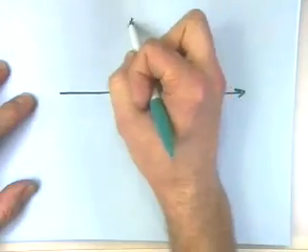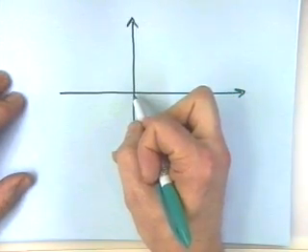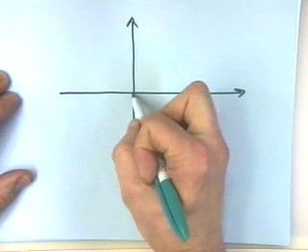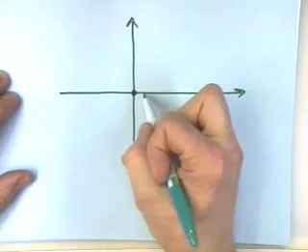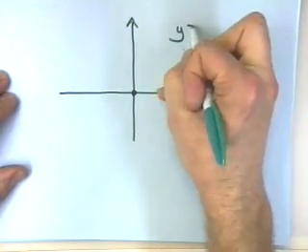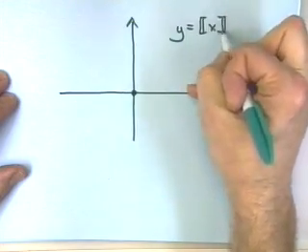So what's it look like? Well, the greatest integer in 0 is itself an integer, right? What's the greatest integer in 1/2? 0. Somebody said it? 0.